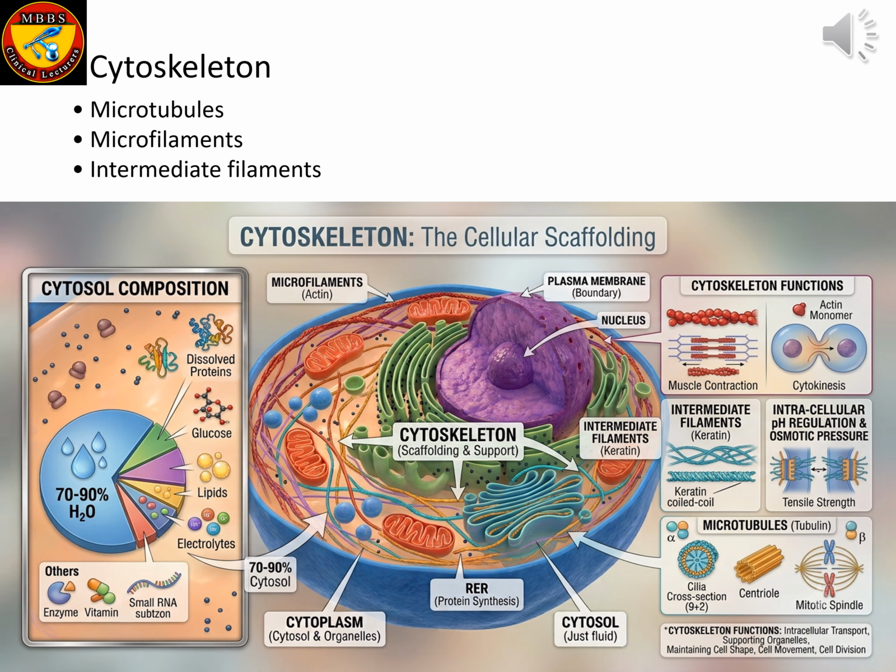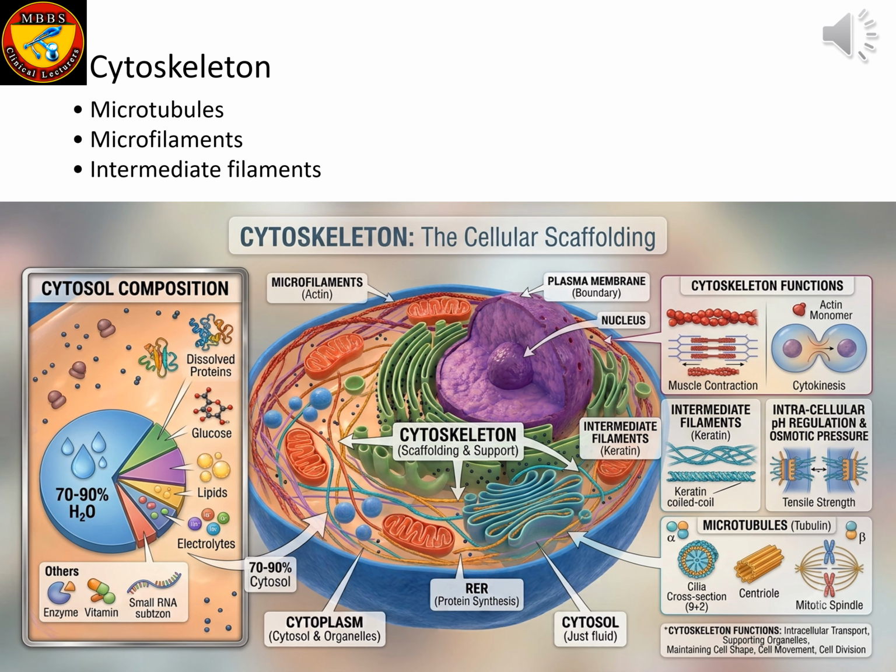Cytoskeleton. The cytoskeleton is a network of protein fibers extending throughout the cytoplasm. It consists of microfilaments, made of actin protein. They help in cell movement, muscle contraction, cytokinesis, and maintaining cell shape. Intermediate filaments provide tensile strength and structural stability.